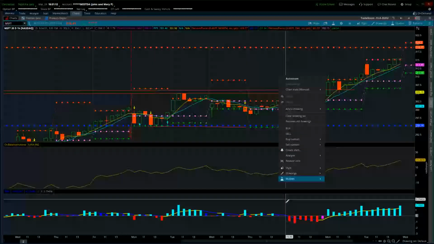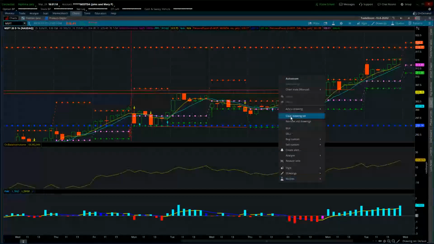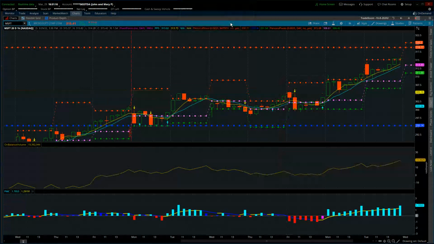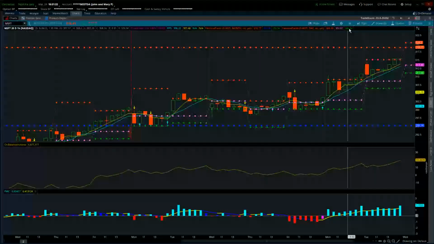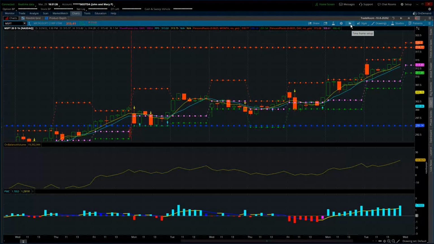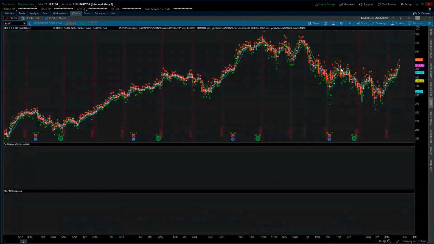For the purpose of this class, I'm going to clear the drawing set and share with you how to get the monthly pivots today in anticipation of Thursday's close, so that you have a better understanding of what the market condition may be for next month, for the month of April, based on current price action. So let's change this to a daily chart.